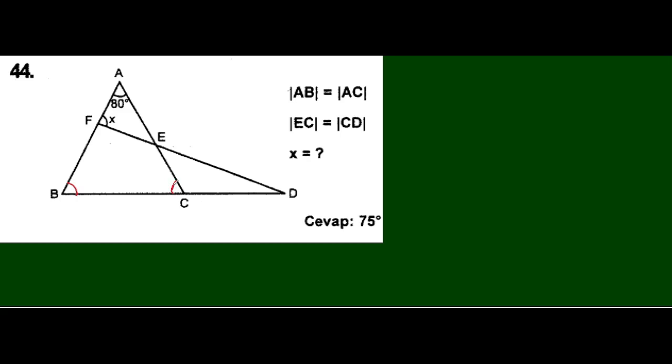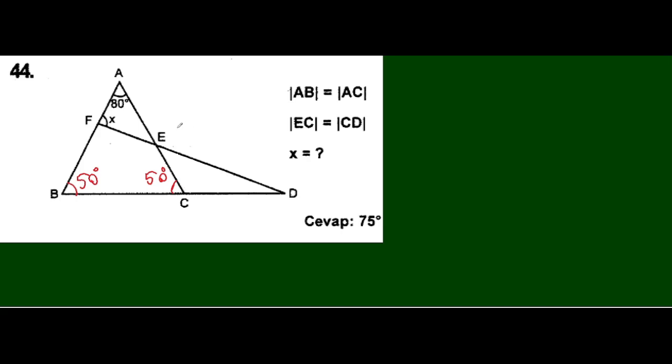So if we say that the sum of these two equal angles has to be 100 degrees, because 180 minus 80 degrees will give us 100 degrees, these angles will each be 50 degrees. Because they are equal, we know that they have to be equal, not 60 and 40.